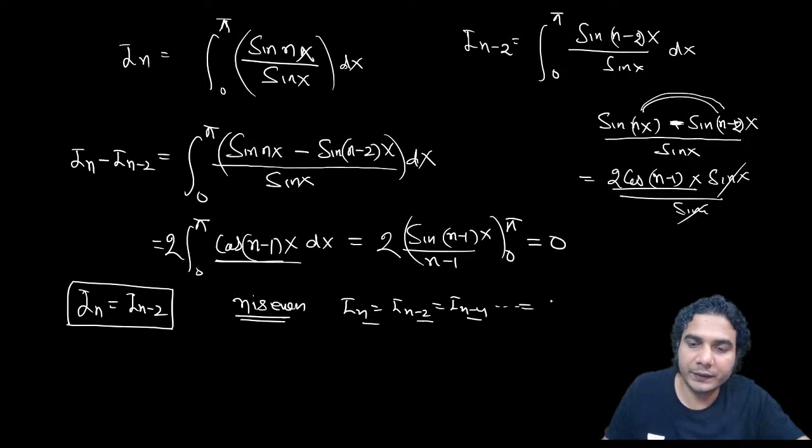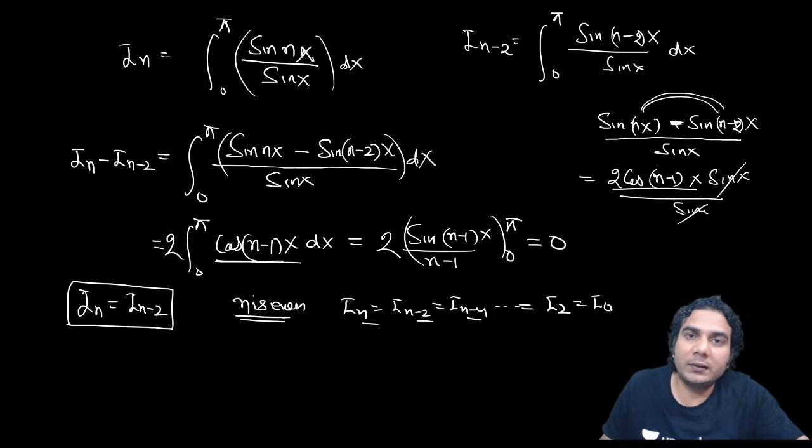So it will end at I_2 and then I_0. Whether you calculate I_2 or I_0, they must be the same. If you calculate I_0, it is going to be 0 actually. You can clearly see it is going to be 0 if you put n equal to 0.